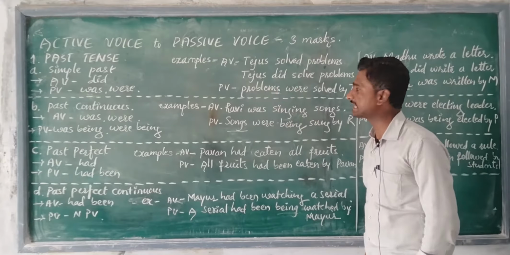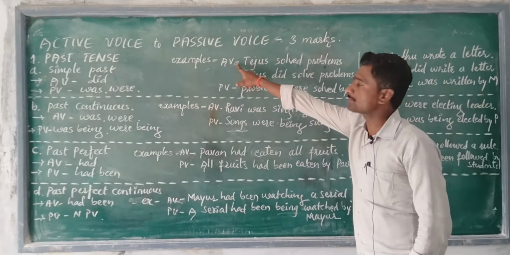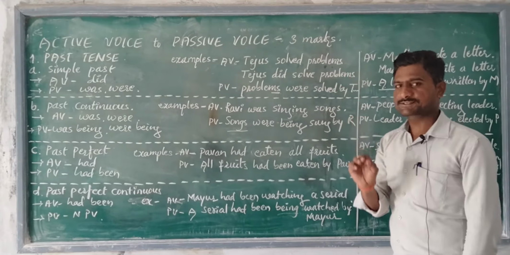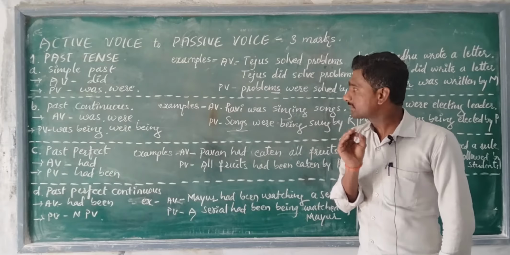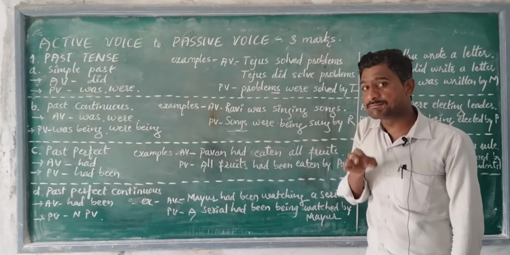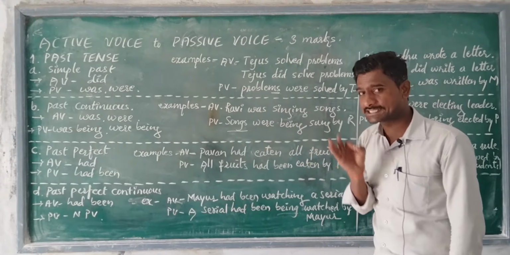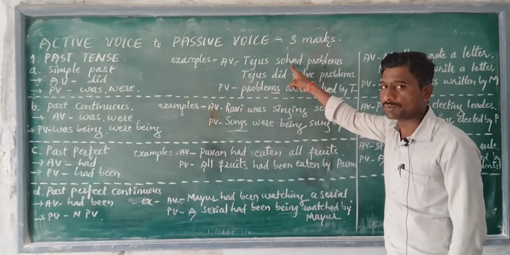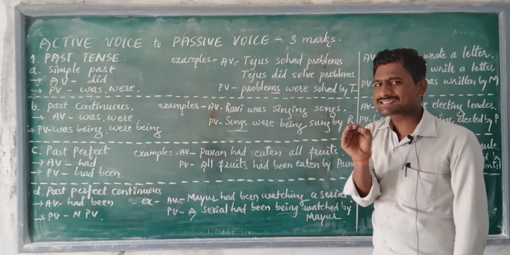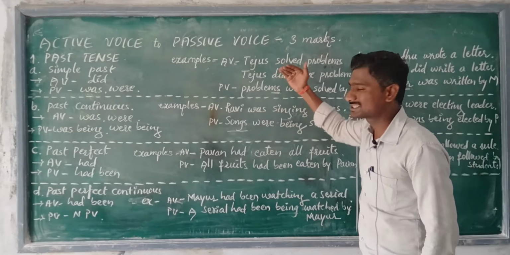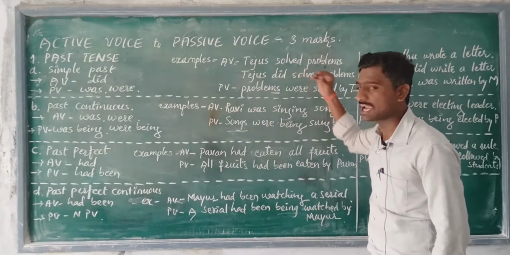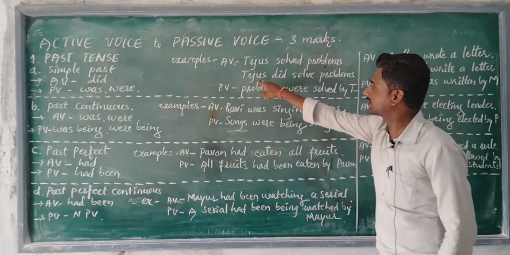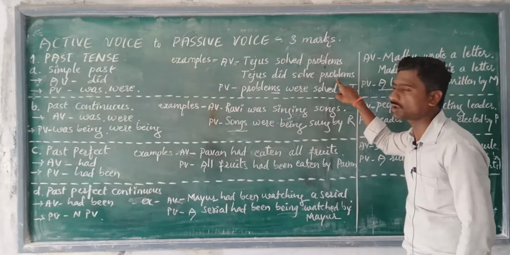See the first example, active voice: Tejas solved problems. My dear students, I am discussing the examples in simple past tense. If you want to understand it clearly, just look at the second sentence, the other nature of this statement: They just did solve problems.